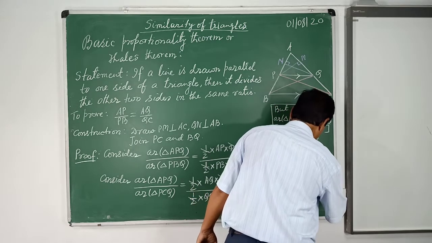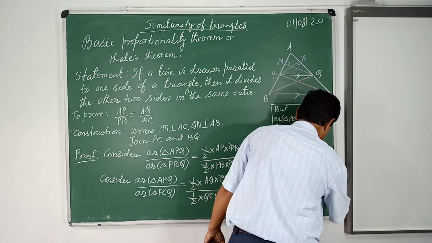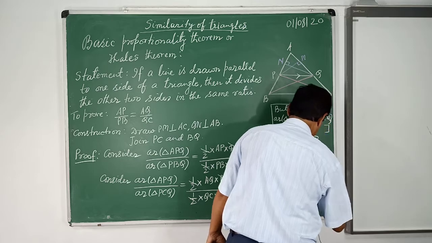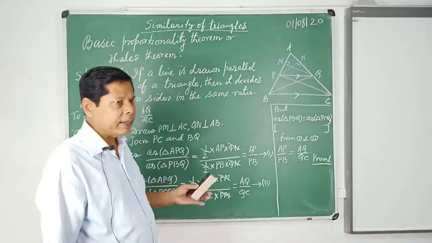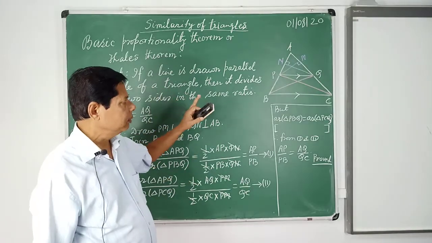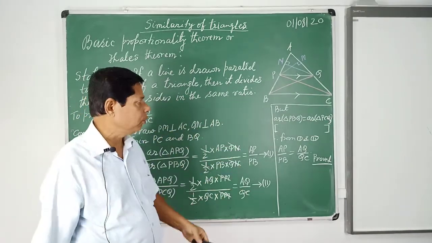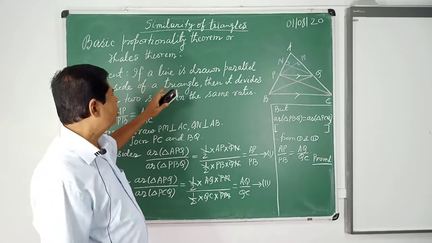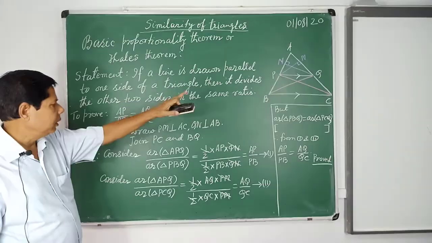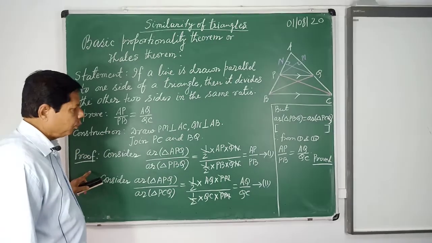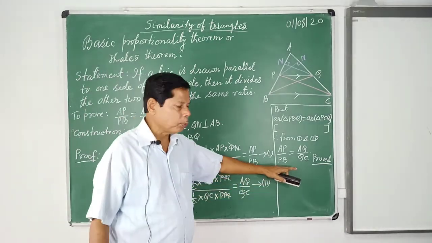This is your result, right? Proof. So this is your theorem. So as a theorem, if it is asked that state and prove the basic proportionality theorem or Thales theorem, you have to write the statement, then to prove, figure, construction and proof. So this is your proof.